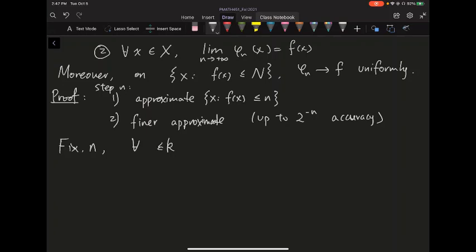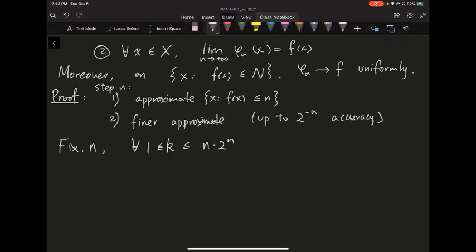Well, k can go from 1 to n times 2 to the n. For example, when f of x is between 0 and 1, you want to chop into 2 to the n of them, and 1 to 2, you chop into 2 to the n again, and so on. And you can only do n of them, so you end up with n of these 2 to the n intervals.